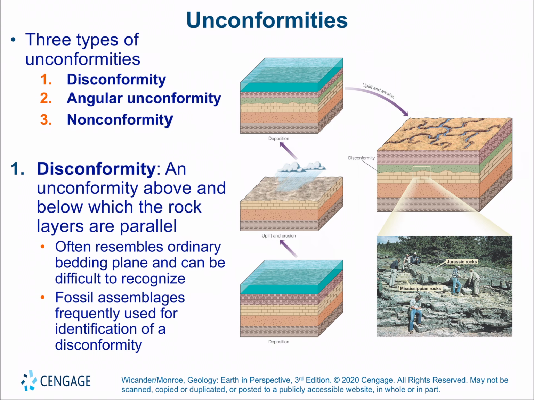Now we have three types of unconformities: disconformities, angular unconformities, and nonconformities. Let's first look at the disconformity. A disconformity is an unconformity above and below which the rock layers are parallel. It often resembles an ordinary bedding plane, so it is very hard to recognize.